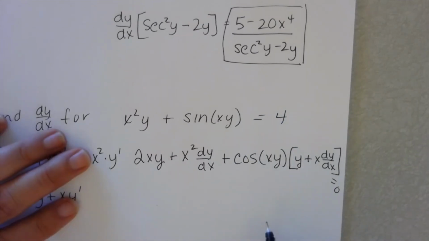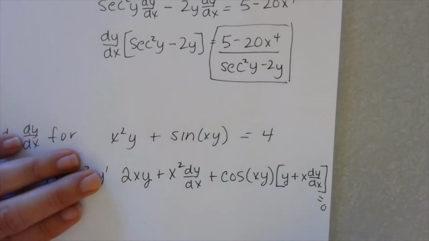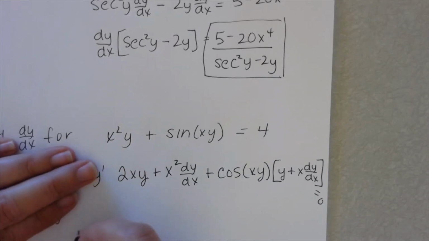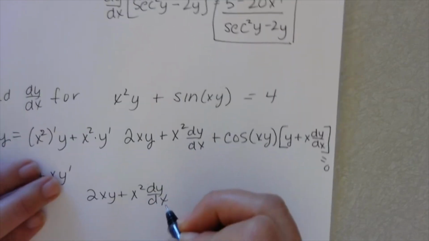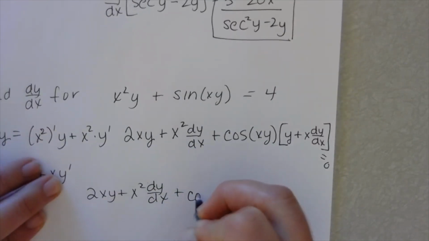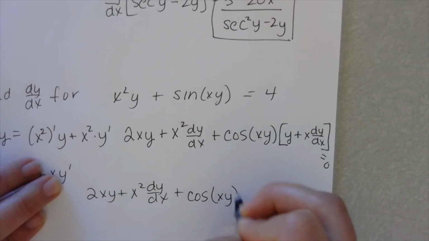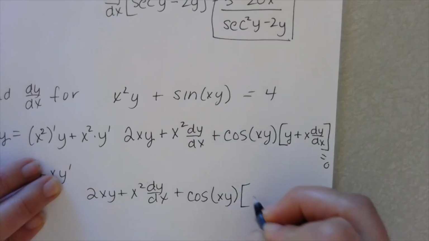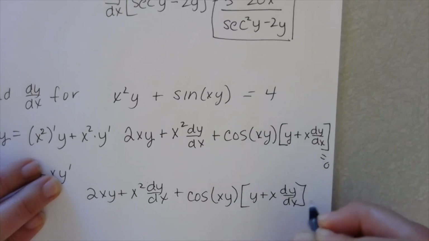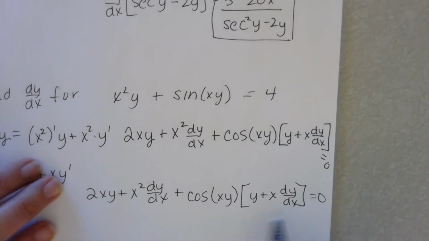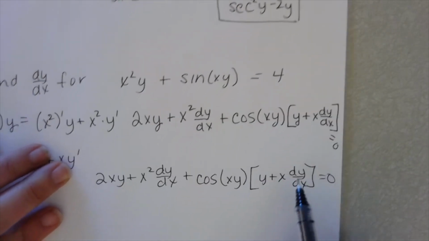All right, so then let's reorganize here a little bit. Okay, so I'm going to move this over a little bit. So this will be 2xy plus x squared dy dx plus the cosine of xy, and then this cosine of xy is times this y plus x dy dx. Okay, so in order to get my dy dx out of here, I'm going to have to multiply through my cosine here.